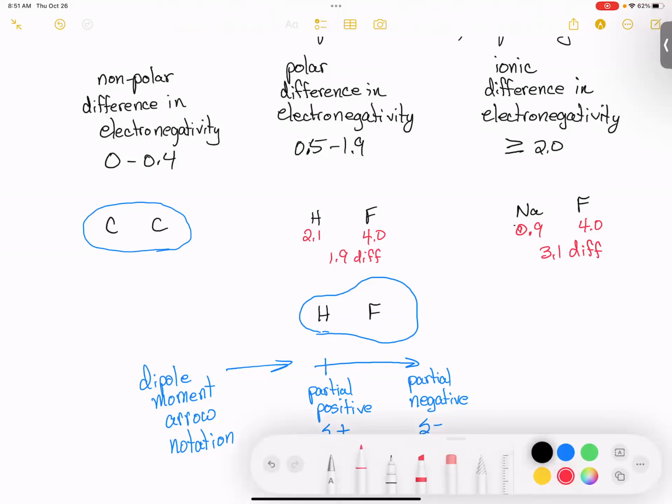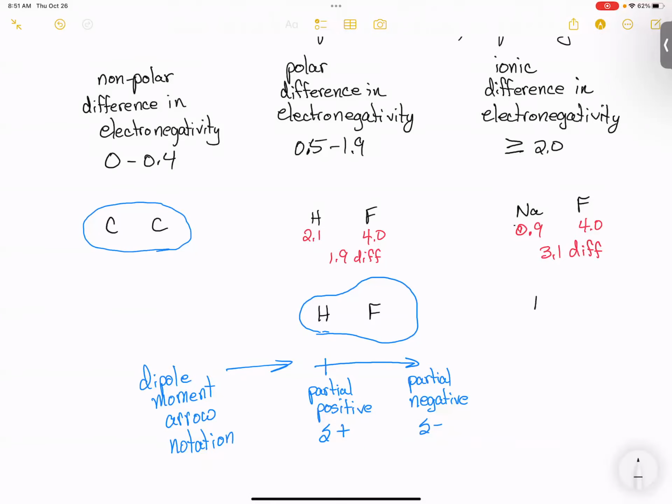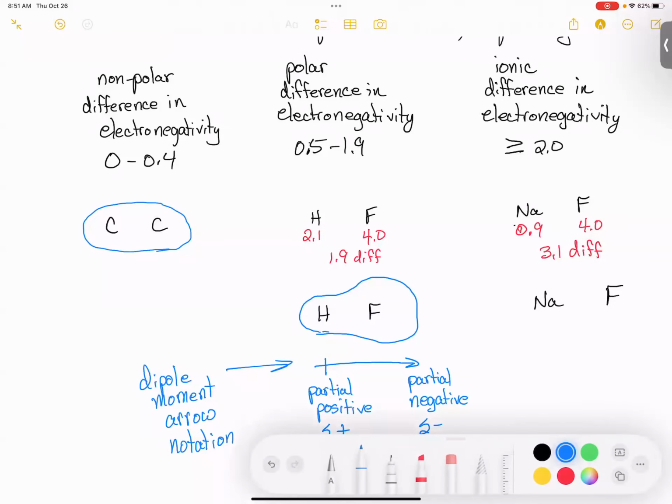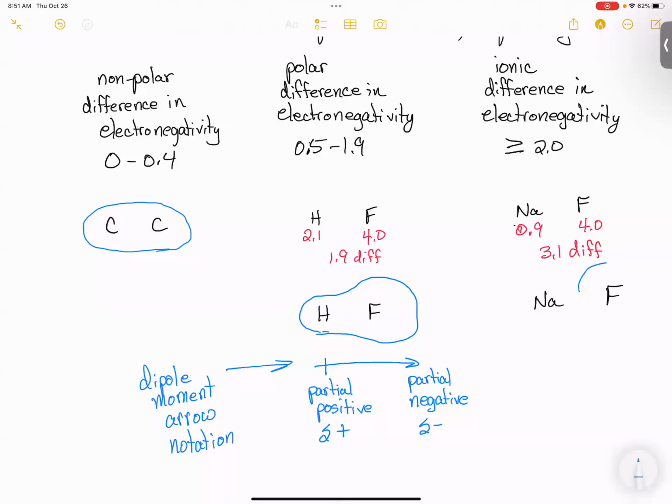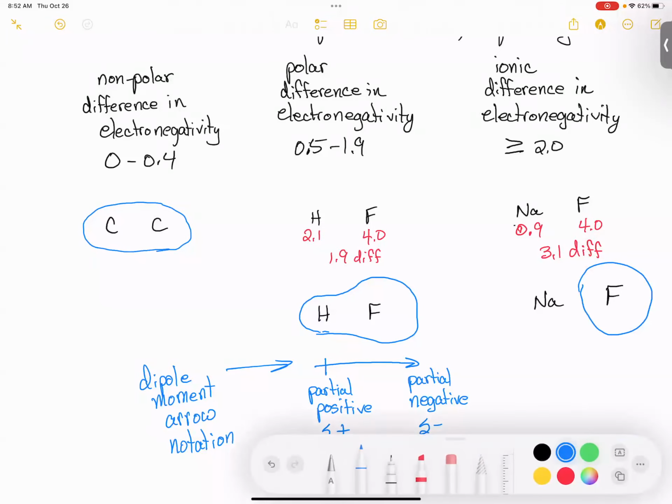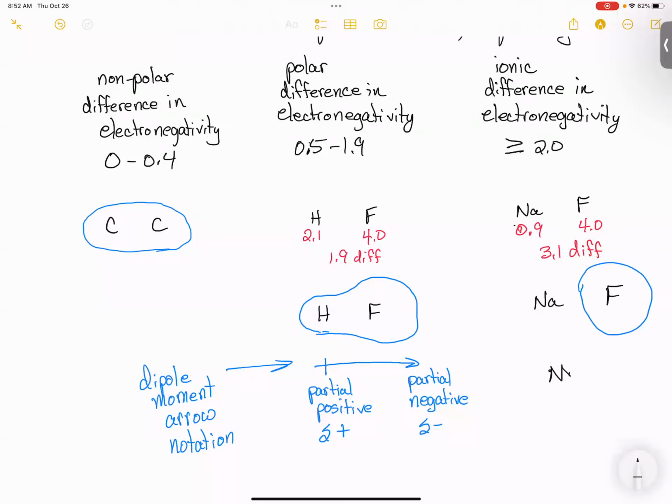So basically what we mean is that with respect to our sodium and our fluorine, because fluorine's electronegativity is so much larger, pretty much those electrons spend all of their time around fluorine and none of their time around the sodium. That's where we get the whole idea of Na+ F- from.